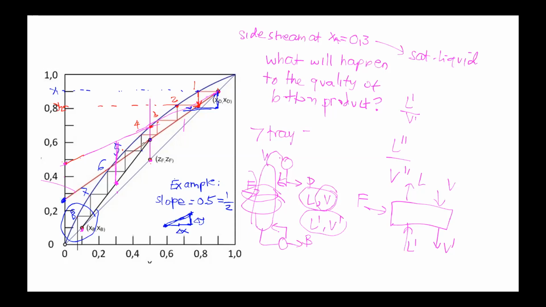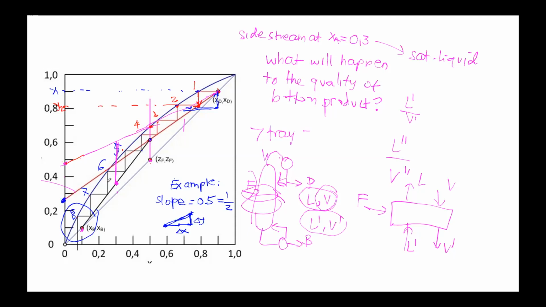So it's basically all about calculating the mass balance. Once you calculate this, for example, I want to withdraw a side stream of 50 kilomole from the liquid there, so you can get a new slope, and then you can draw your new slope from here.